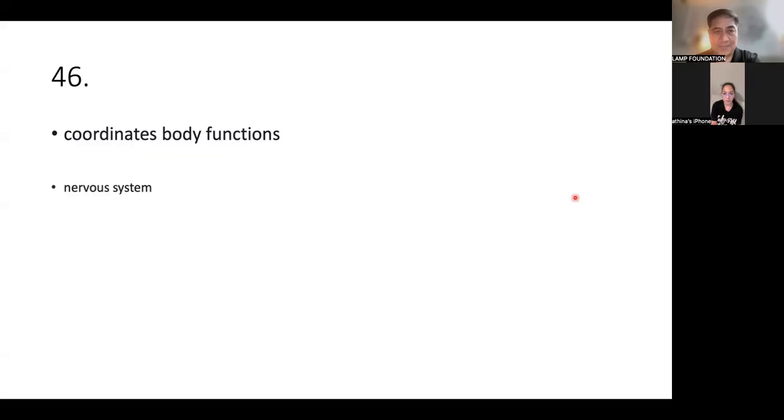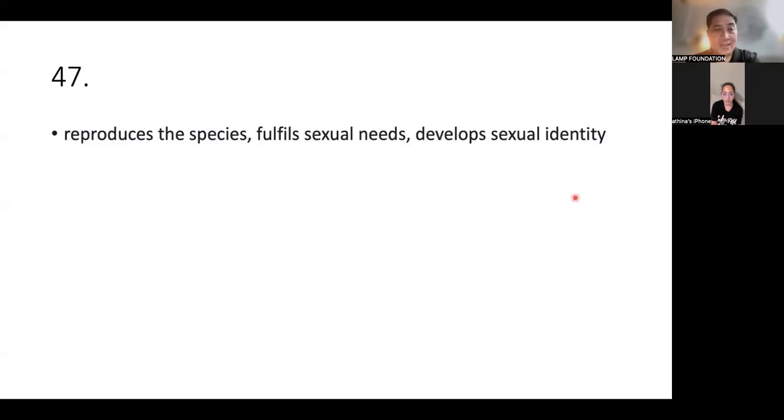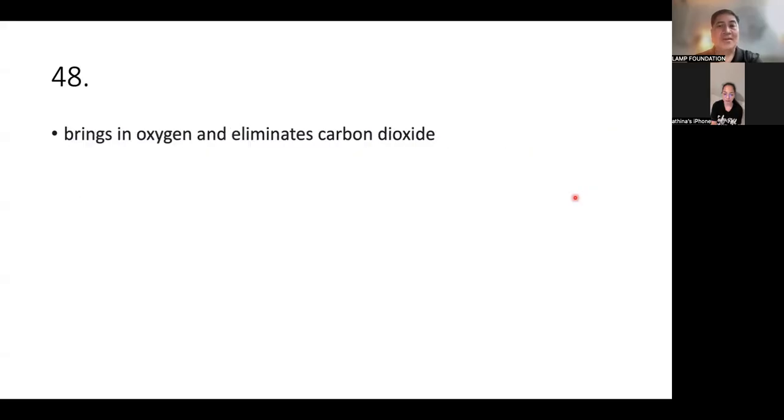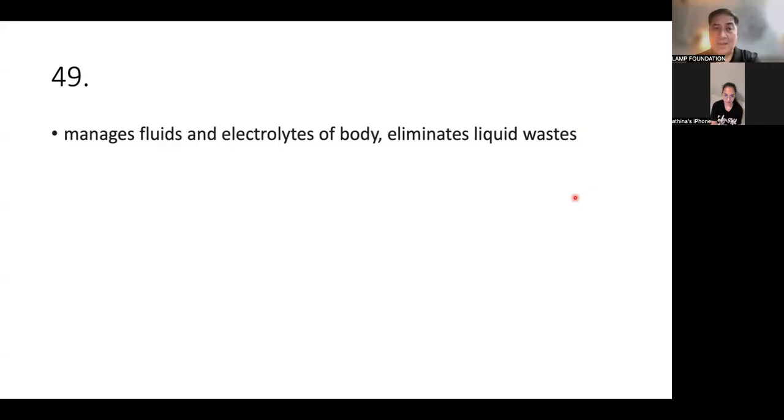The nervous system. What system reproduces the species, fulfills sexual needs, develops sexual identity? The reproductive system. What system brings in oxygen, eliminates carbon dioxide? The respiratory system.